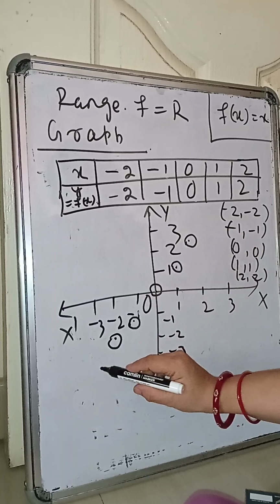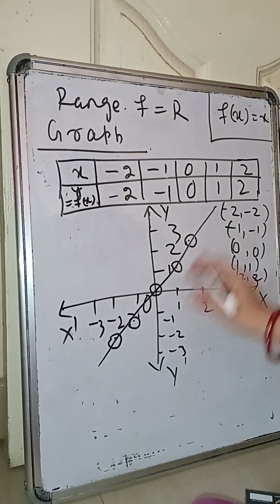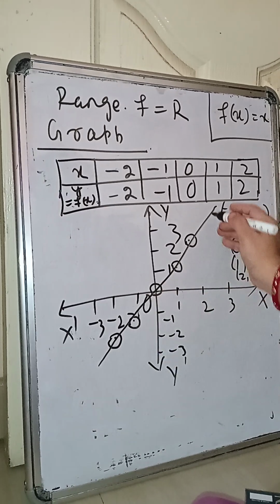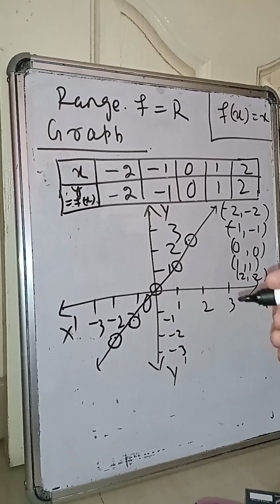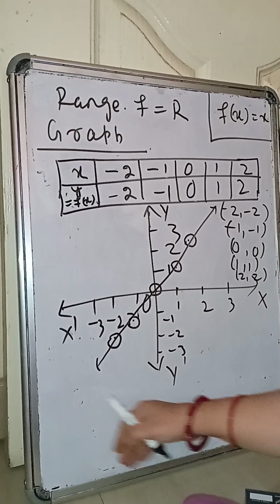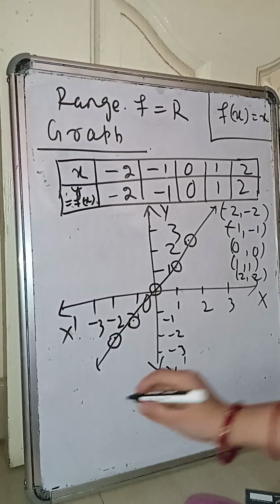Now if you join these points, this will be a straight line passing through the origin. So what you will write here is that the graph of an identity function is a straight line which passes through the origin.